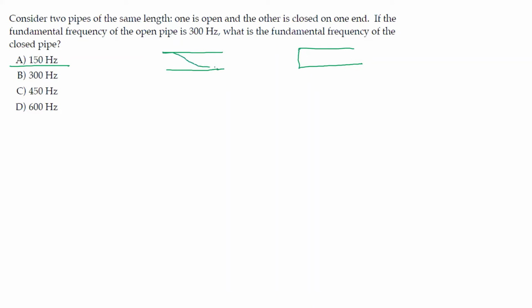We know the fundamental waveform for this one is like this, and for this one, it is like this. So if I quickly write what is happening, because I'm really bad at remembering what I did in the previous slide, I'll write it. L is half of a lambda here, so lambda is 2L, and frequency is velocity divided by lambda.